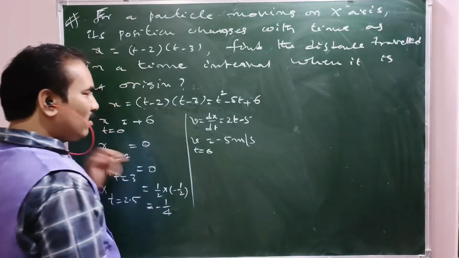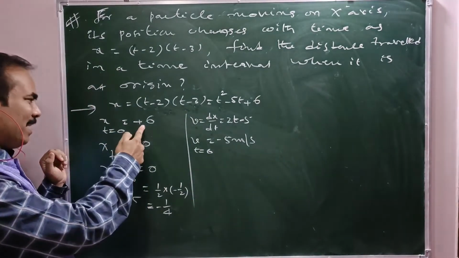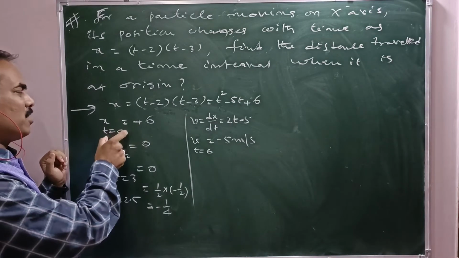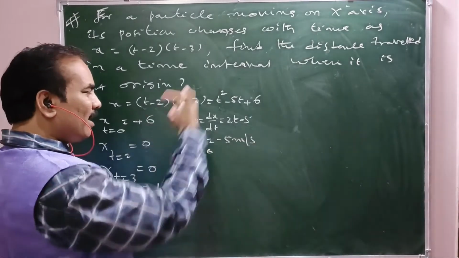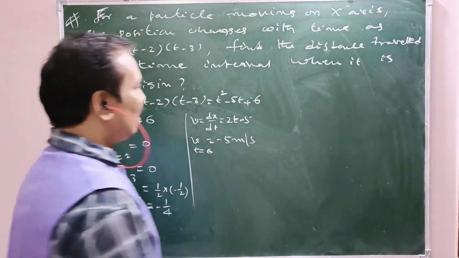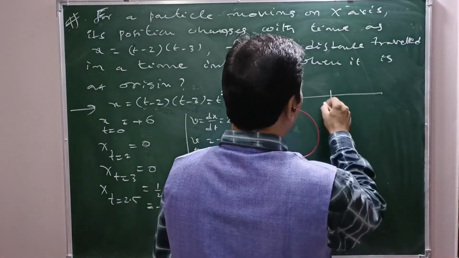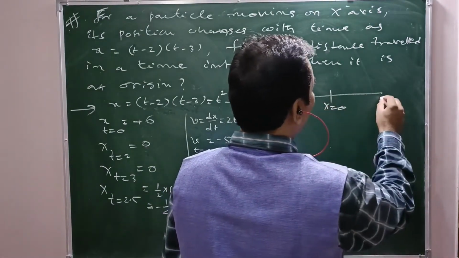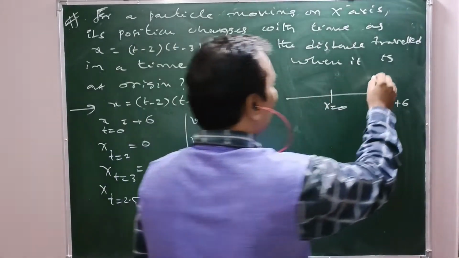That means it is moving towards the negative x-axis, but lying on the positive side, the right side of the origin, at a distance of plus 6 units. See here, this is the graph. x equal to plus 6 when t equal to 0.